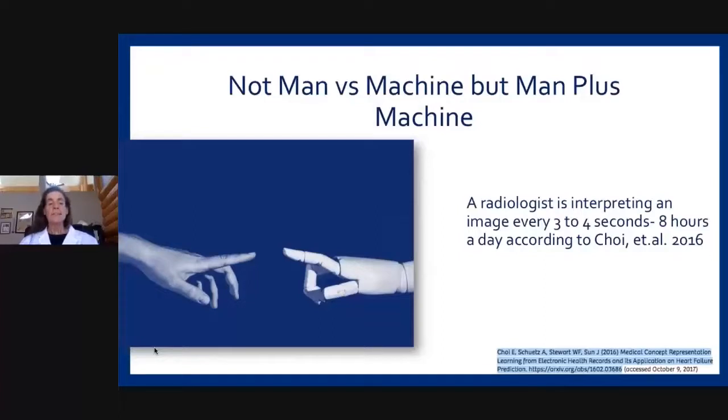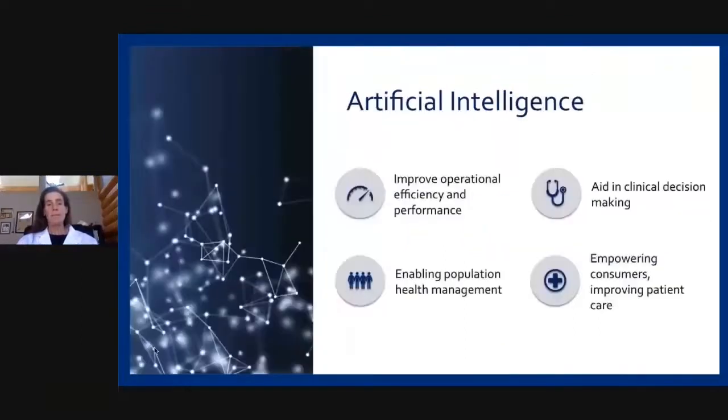And the reason is, as radiologists, we get a lot of information and data thrown at us consistently. And so we really have to be able to process and figure out what is benign, what is cancerous, pretty quickly. And that is where I think artificial intelligence can help us make better decisions for our patients.